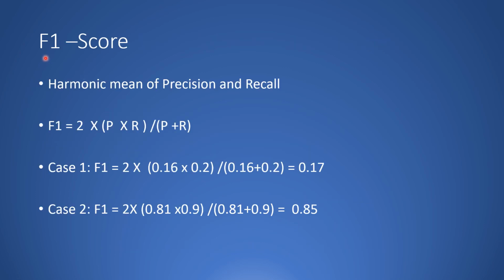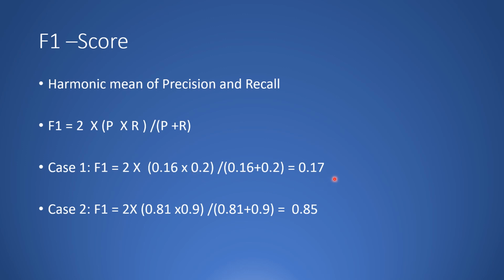Now let us look at the metric F1 score. Right, so F1 score is nothing but the harmonic mean of precision and recall. It is computed as F1 equals 2 into P into R divided by P plus R. Okay, so in our first dataset, case 1, we see that the precision is 0.16 and recall is 0.2.